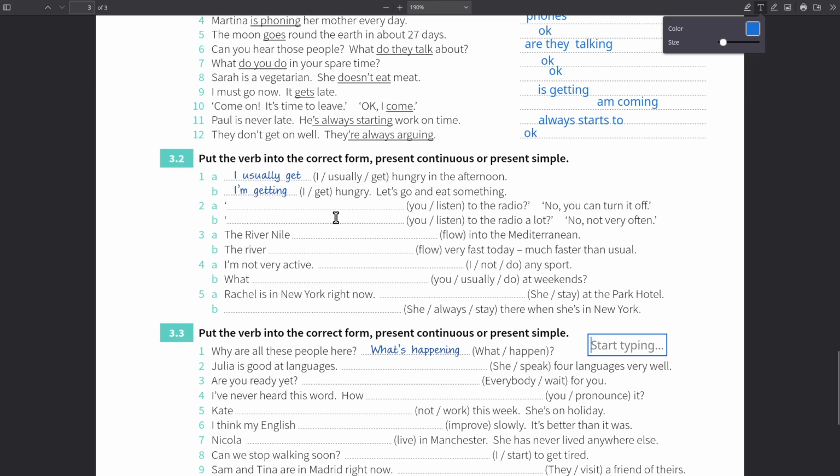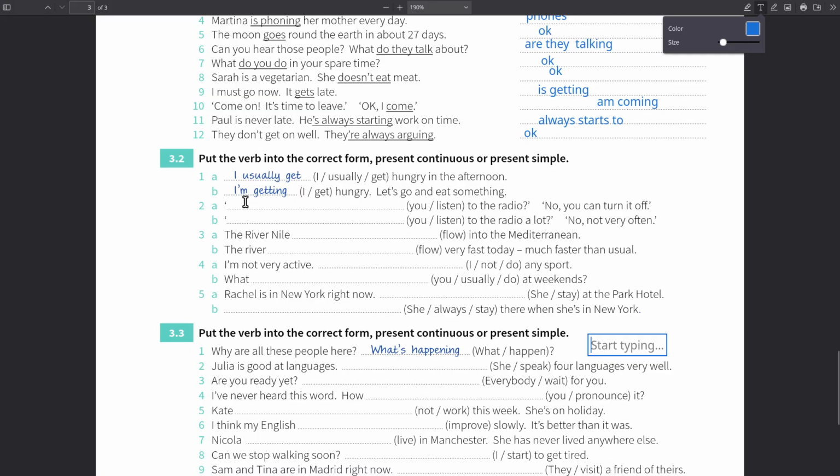So let's move on to the next one. Okay, we have the subject you, the verb listen to the radio. No, you can turn it off. We have again, you listen to the radio a lot. Not often. No, not often. Okay.